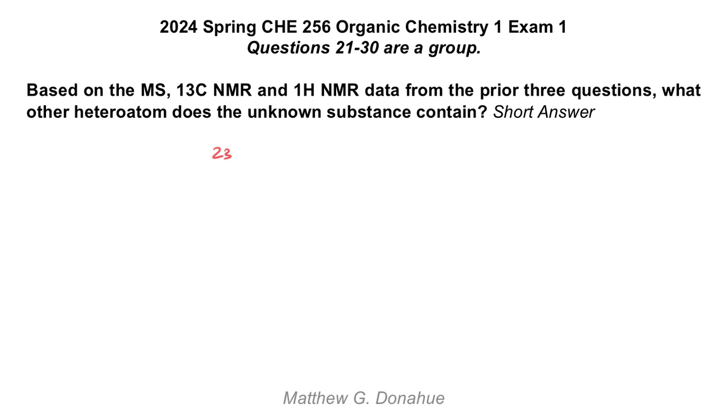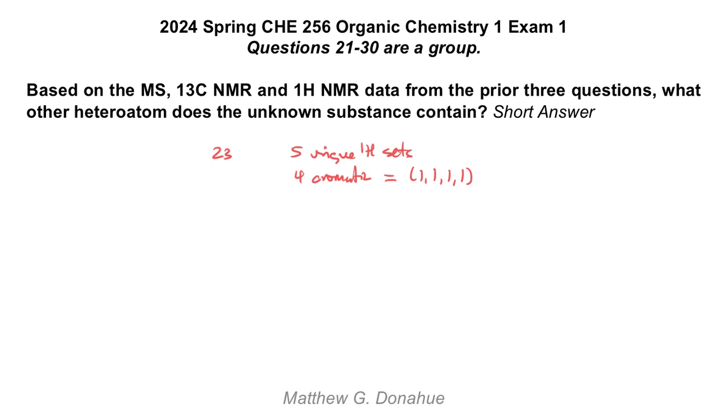So let's do some thinking about this. We said there were 5 unique 1H sets. So 4 of those sets were unique in the aromatic region. And so what that's telling you is that ratio is 1 to 1 to 1 to 1.